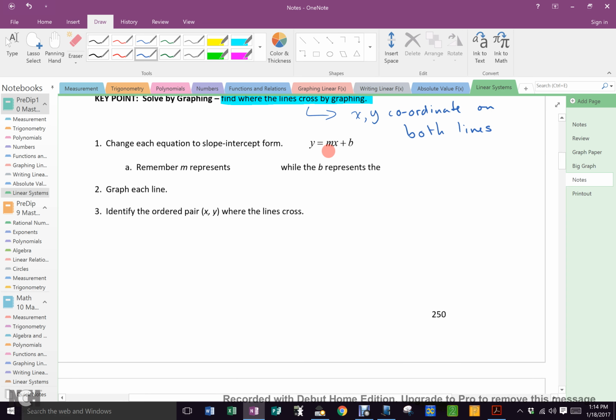So, remember, the easiest way to graph is to get into that form. M is the slope, but slope is also rise over run, and B is the y-intercept. That is where you start your graph.